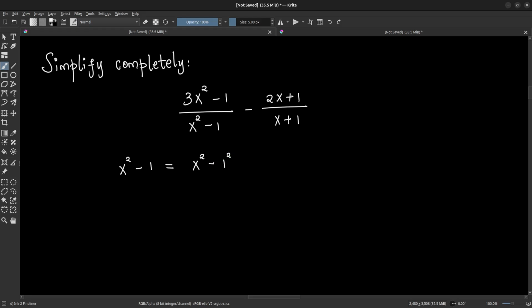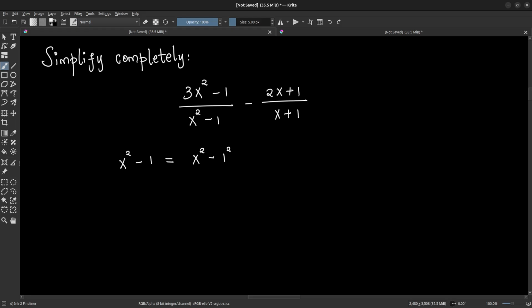Remember the difference of two squares. Anytime I give you x squared minus y squared, this is the same as x minus y times x plus y. So in our case, this is the same as x minus 1 times x plus 1.